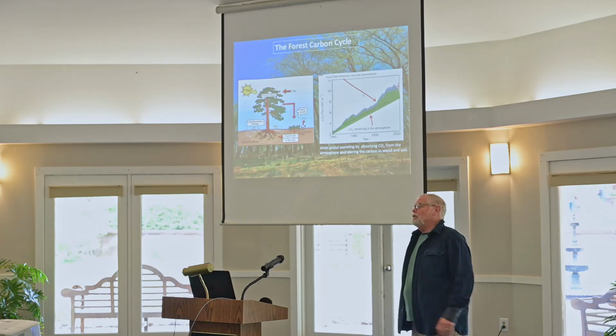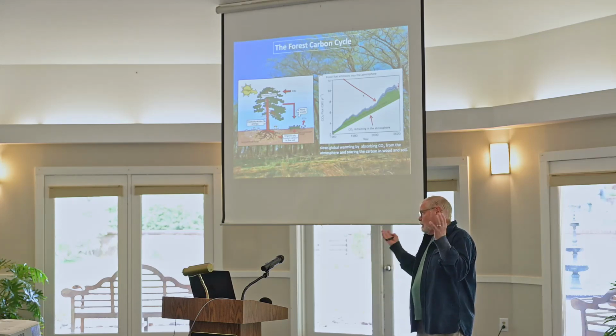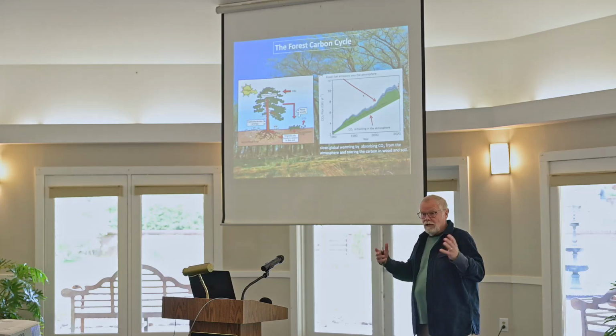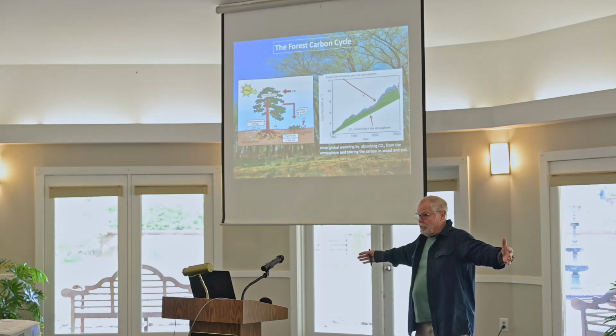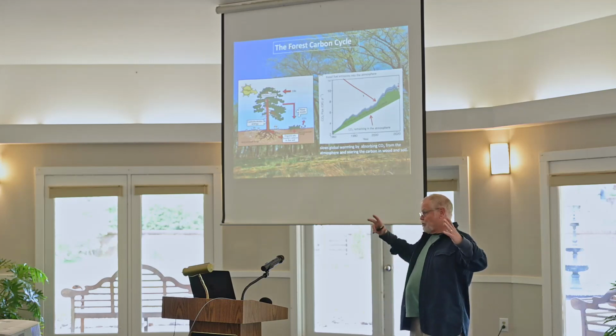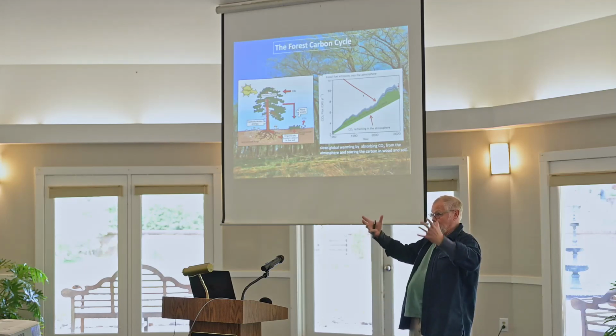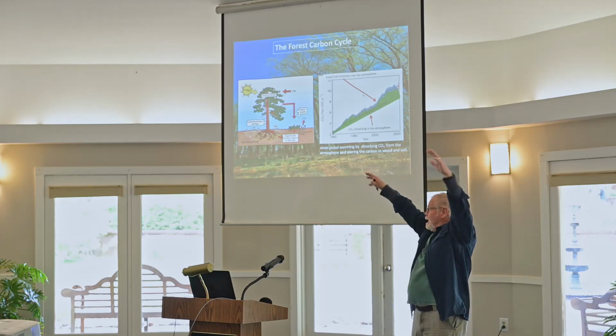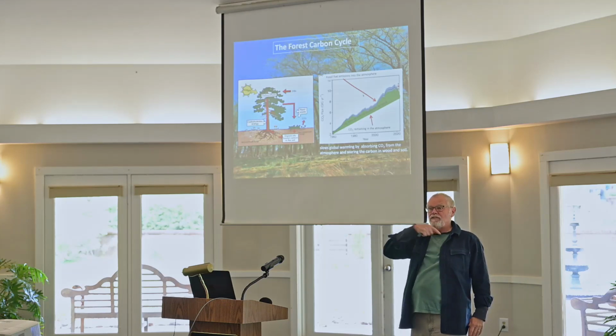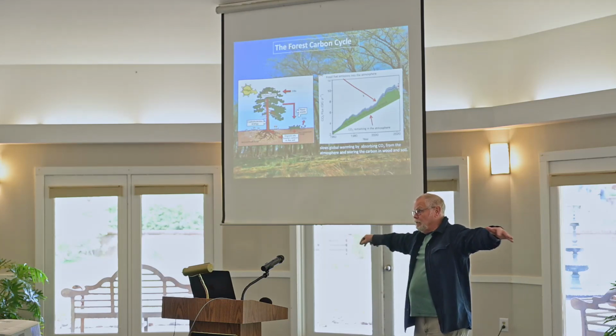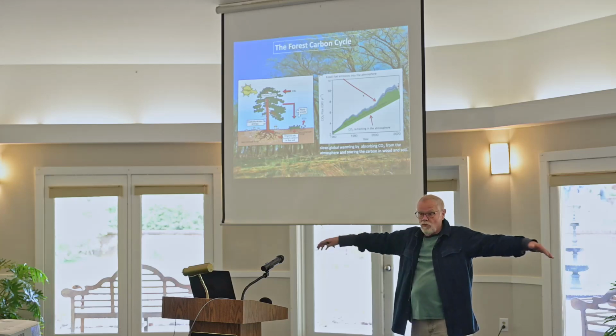You can tell old growth, particularly around here, by its structure, and I tried to point some of those things out. Big diameter trees, tall, with branches that are just like mini trees coming out of the tops. Big canopies taking over the size of this room or more. One tree will intercept the light from this whole area.